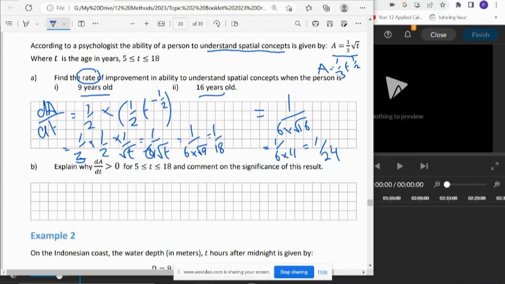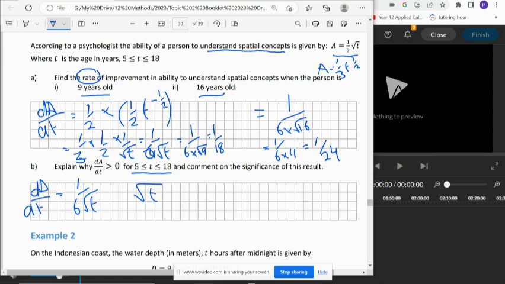Okay, looking at the second part, it says, explain why dA dt is greater than 0. So in this case here, let's look at what dA dt is simplified down. So it's actually 1 over 6 root t. The key, I guess, here is the domain. So it sort of says look for the t values from 5 to 18. So I hope you guys understand that if you do the square root of 5, it's positive.